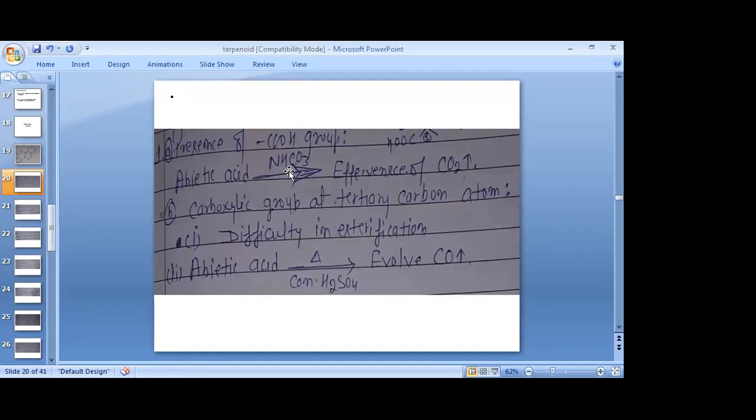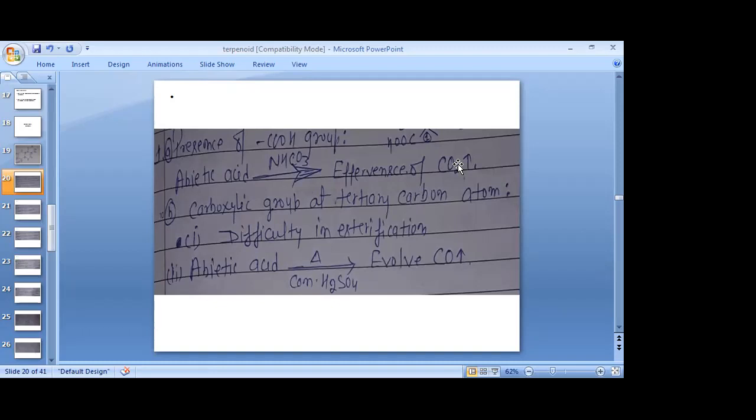When we add a small amount of sodium bicarbonate to abietic acid, effervescence of carbon dioxide is released, and this confirms there is a COOH group.